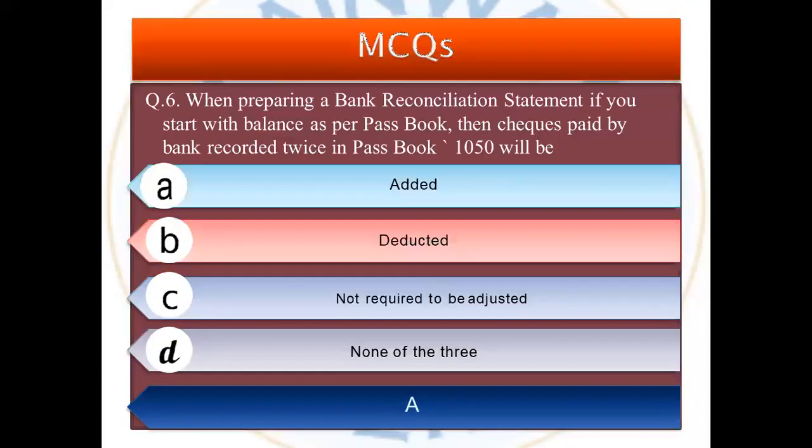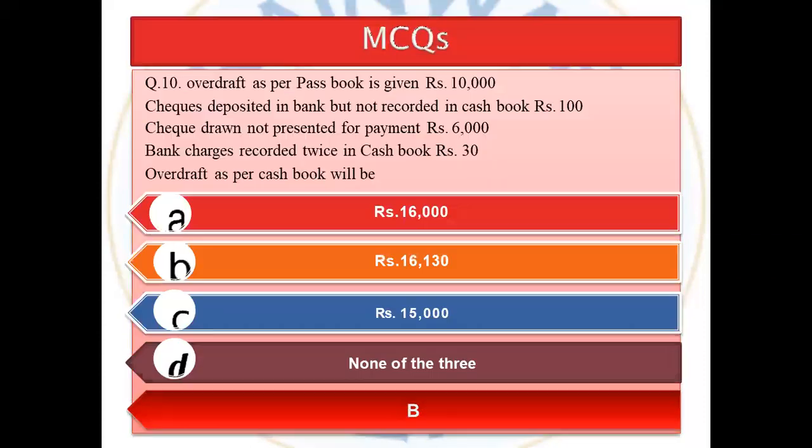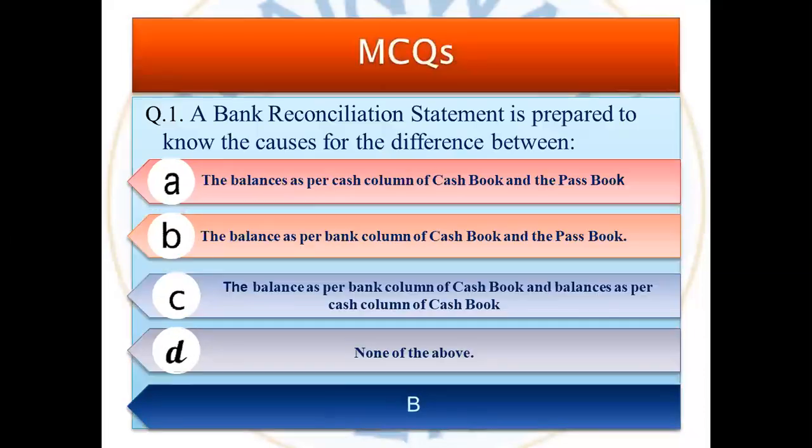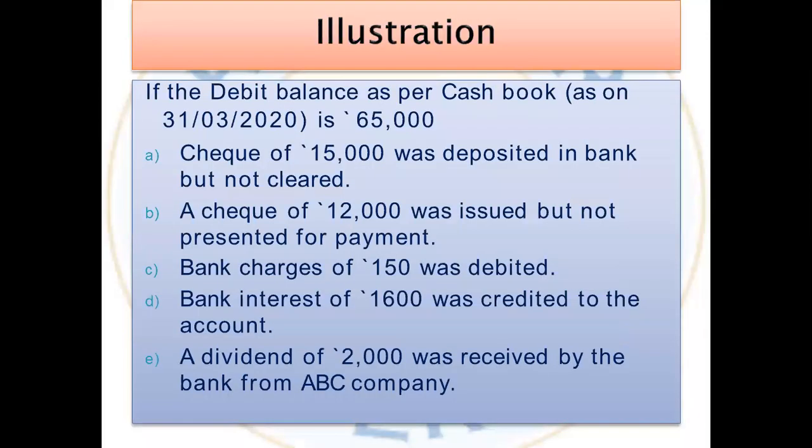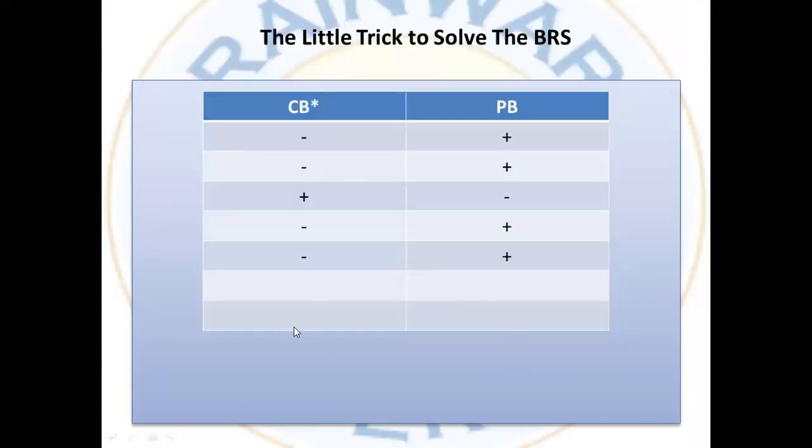And there are some MCQs. There's another problem. So what I want you all to do is the illustration I gave. You first make this, then make it correct, and verify it with my answer.